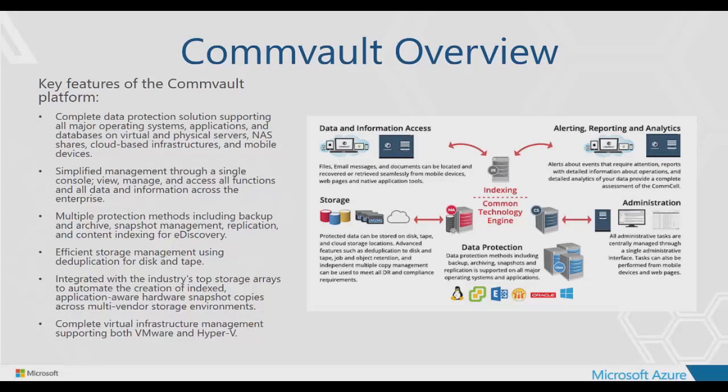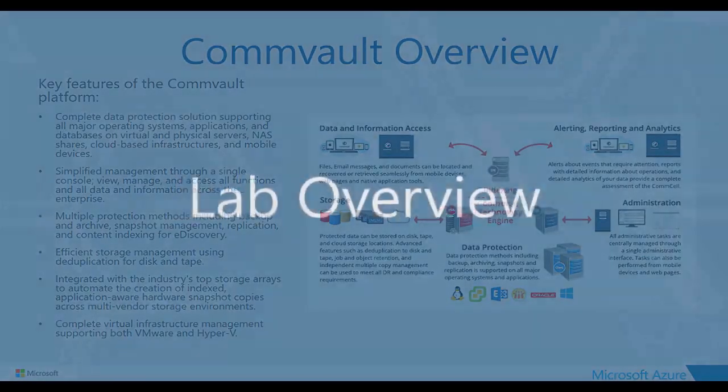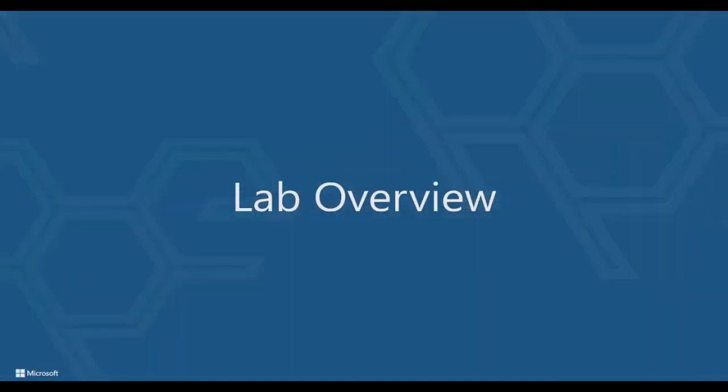No matter the workload or technology, whether it is VMware or Hyper-V, even on-premises or in the cloud, Commvault not only protects your data with speed and efficiency, but securely as well, reducing administrative burden, maximizing an organization's infrastructure investment.